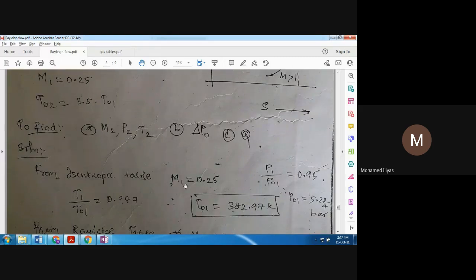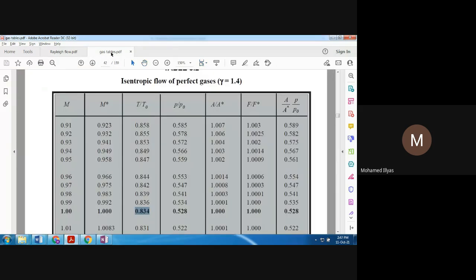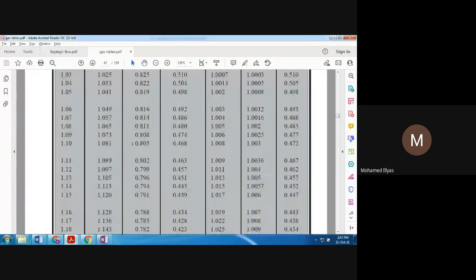So for the isentropic table, M1 is 0.25.